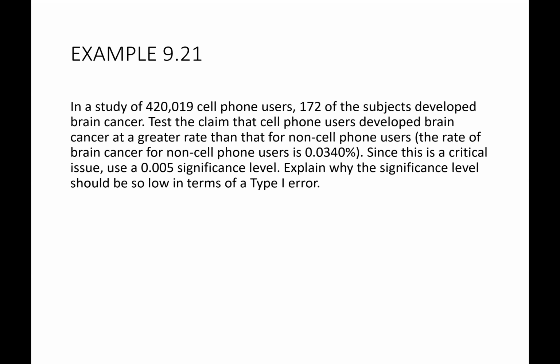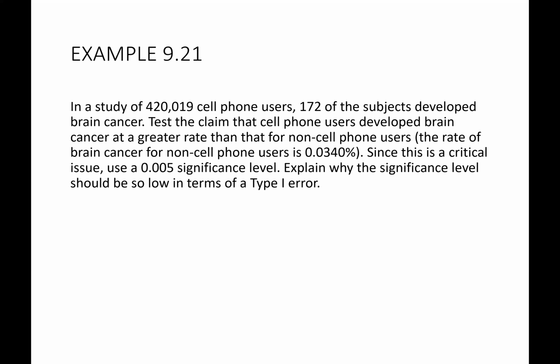So in a study of 420,019 cell phone users, 172 of the subjects developed brain cancer. Test the claim that cell phone users develop brain cancer at a greater rate than that for non-cell phone users.